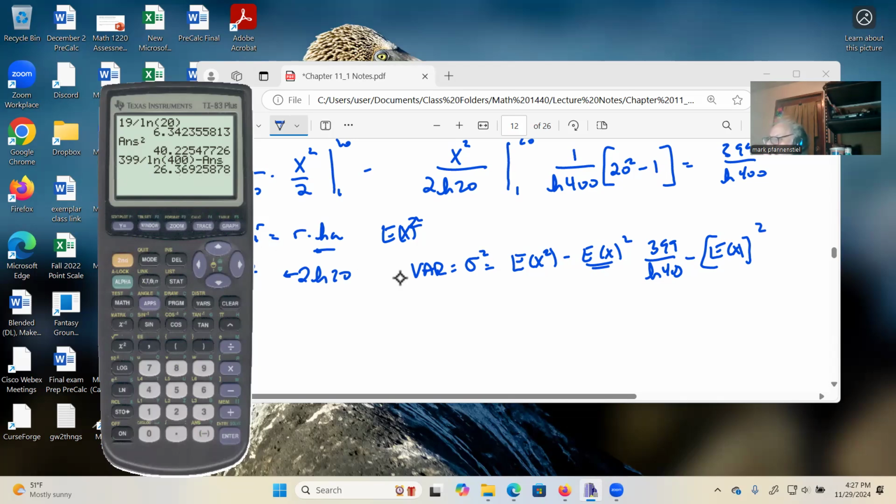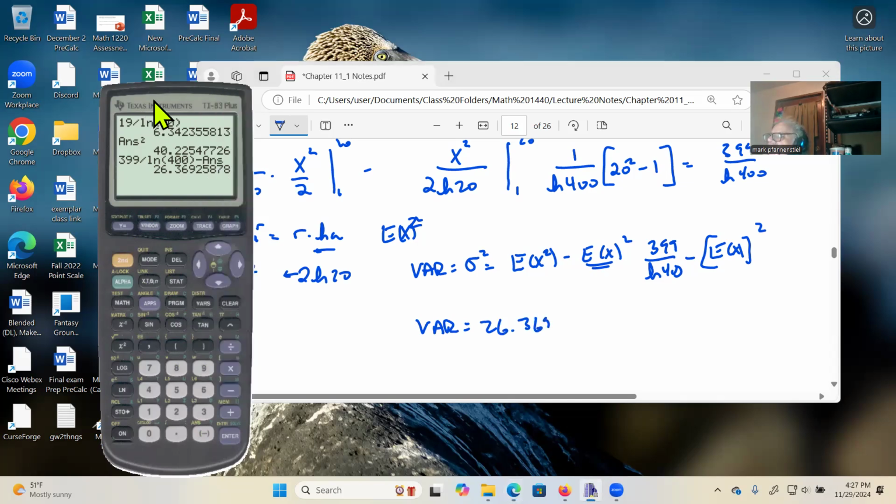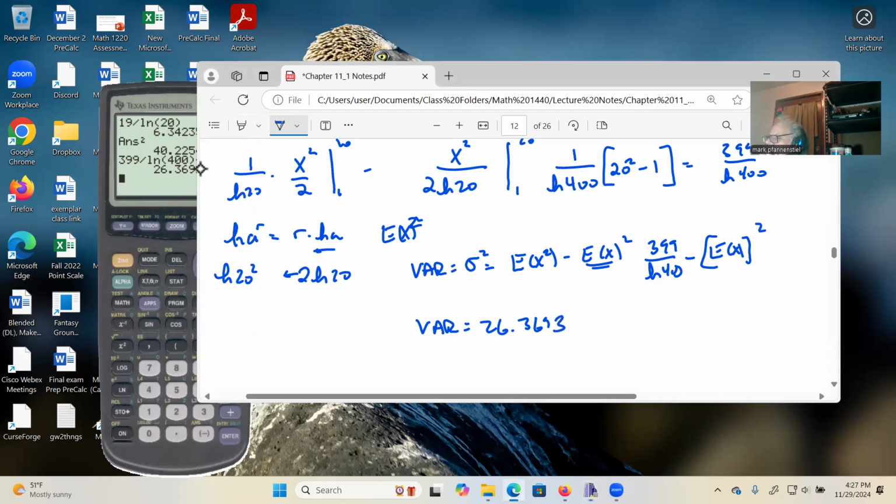Hooray. We have my variance equals 26.369, and that's my sigma squared. I don't really want that. I want the standard deviation, which is the square root of this thing.